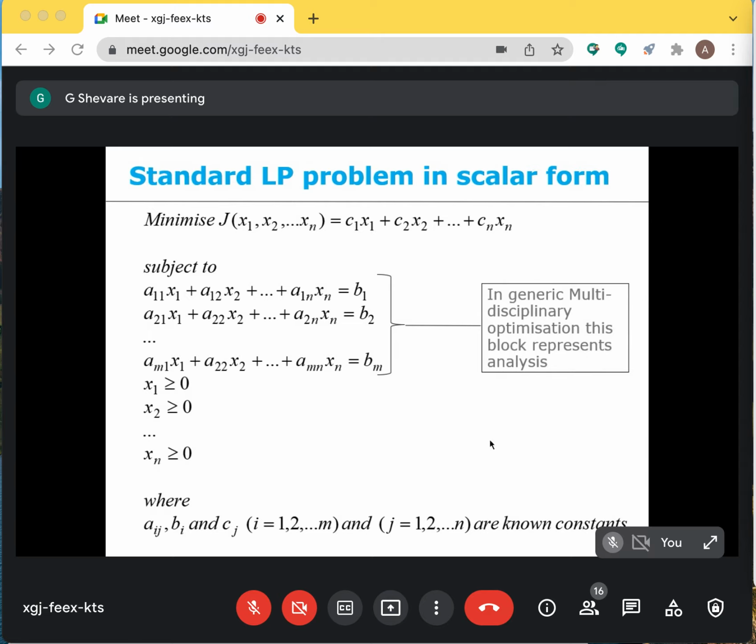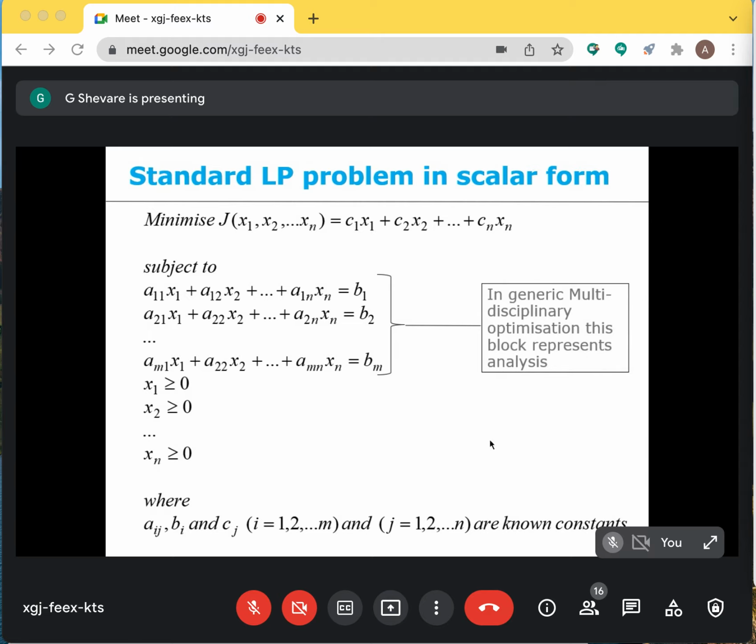So there are m equalities. In addition, in linear programming, we put one more constraint saying that all the design variables x1 to xn must be greater than or equal to 0.